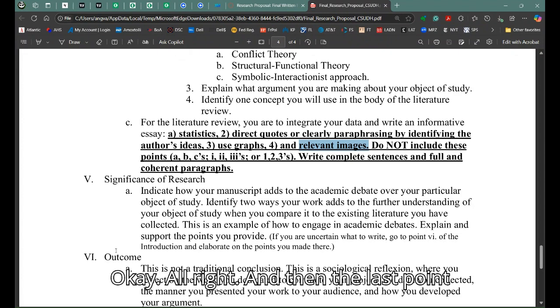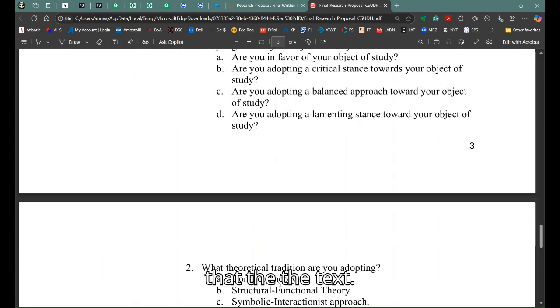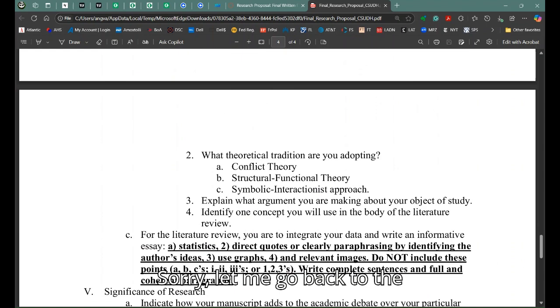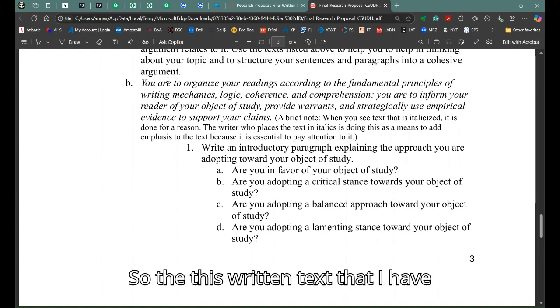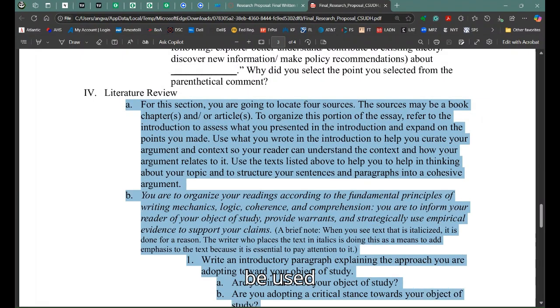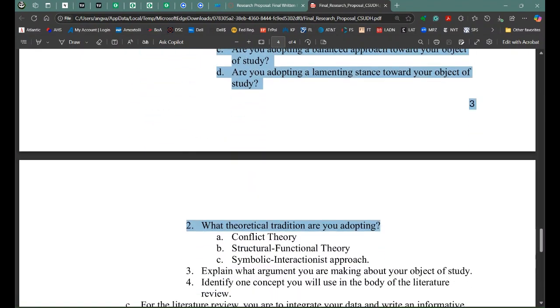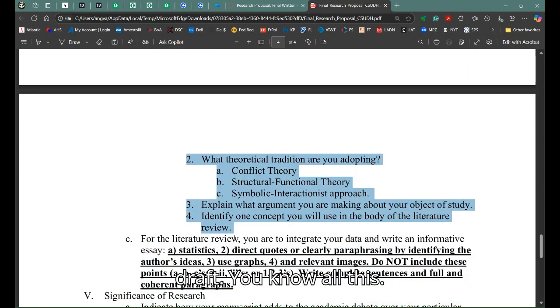Okay. All right. And then the last point I already mentioned earlier is that the text. Sorry, let me go back to the introduction. I mean, the lit review. The written text that I have here is not to be used or shown in the final draft.